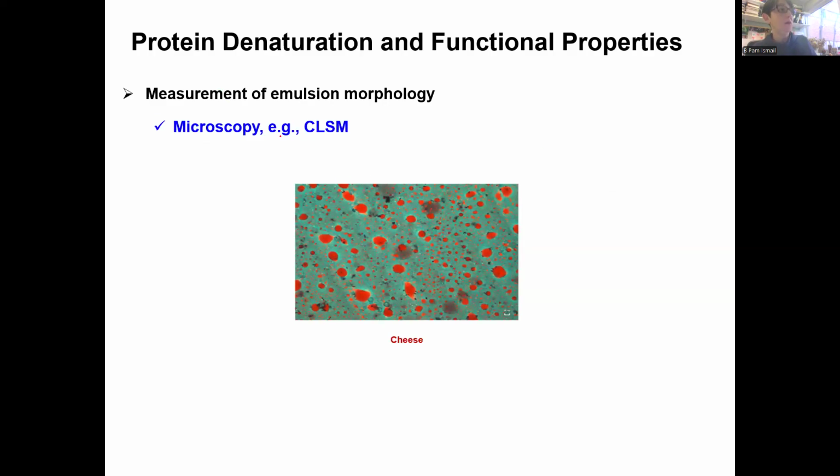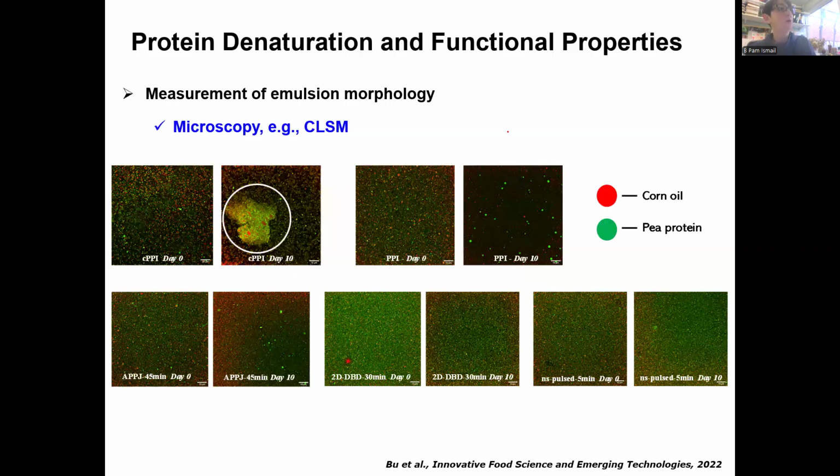Again, with microscopy, here's the example of the cheese, looking at the droplet sizes over time, but we did it with pea protein emulsions with protein pre-treated under different conditions. We looked at a commercial protein and our treated protein, and we looked at aggregation forming over time. We see that with the treated protein under specific conditions, the emulsion stayed stable over time, whereas the commercial protein aggregated over time.